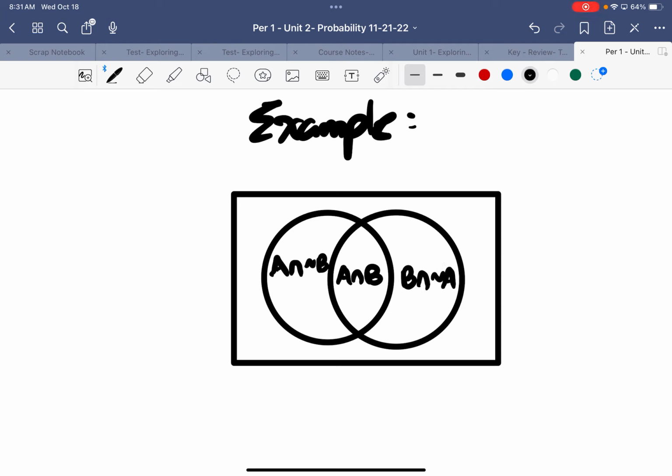So I could say not A intersect not B. Those mean the same thing. So not (A union B) is the same as not A intersected with not B. That's known as De Morgan's laws, or one of De Morgan's laws.